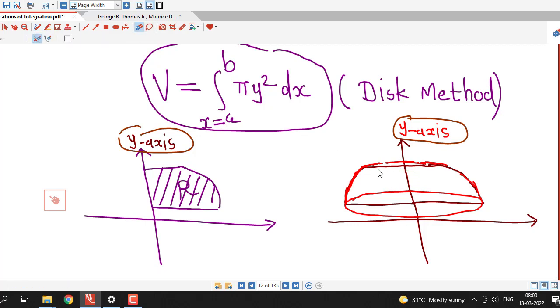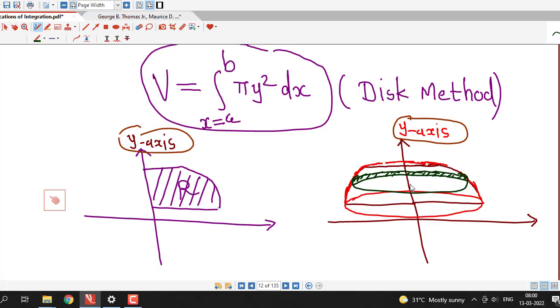Just a minute, this is just a rough sketch, but I will try to sketch it so that it looks like a disc. And suppose this is the thickness or height of the disc. So when we slice perpendicular to the y-axis, we will obtain this cross section which is a disc.